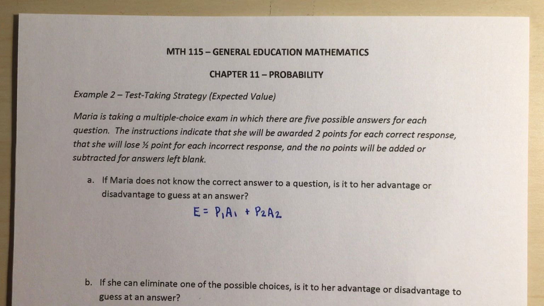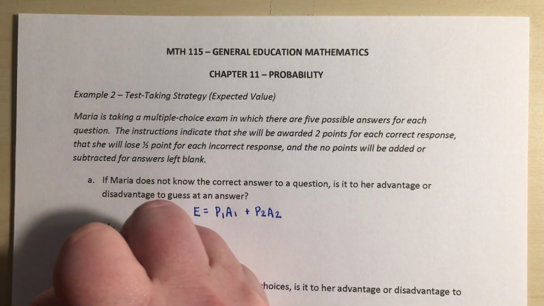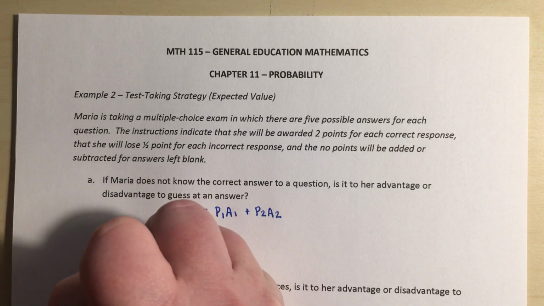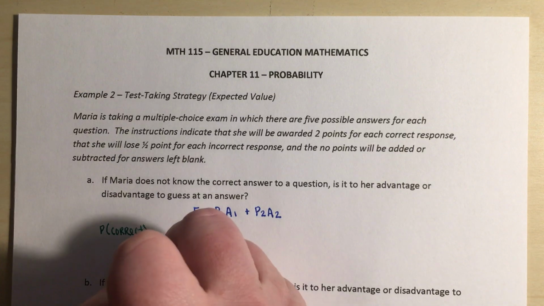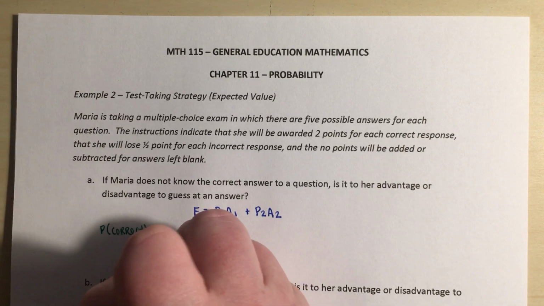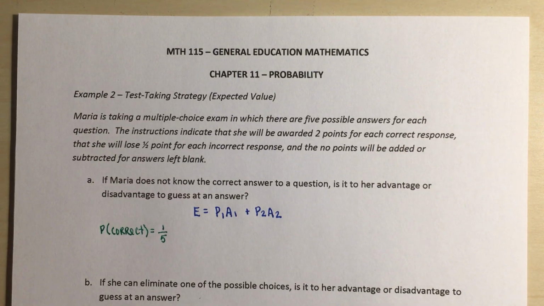Right, so the probability that Maria guesses correctly, there's 5 possible answers. So she has a 1 out of 5 chance of guessing the answer correctly.